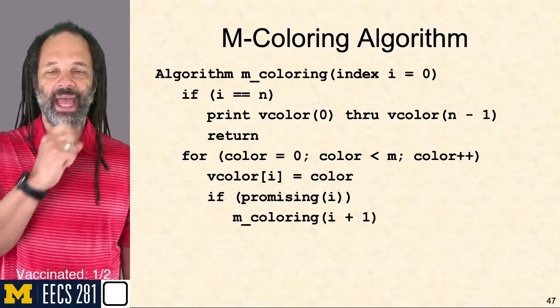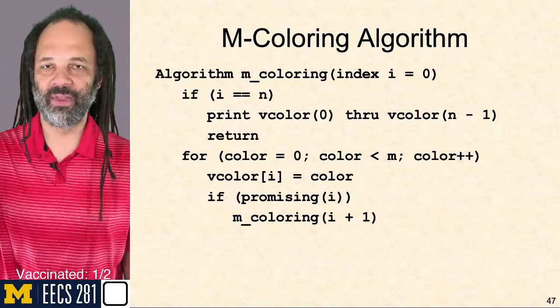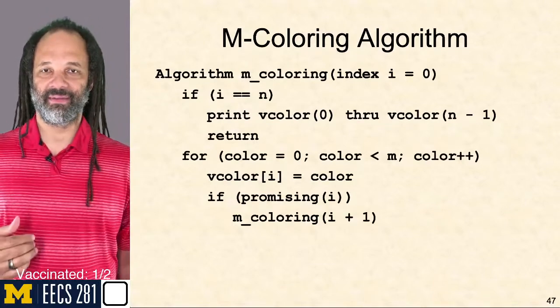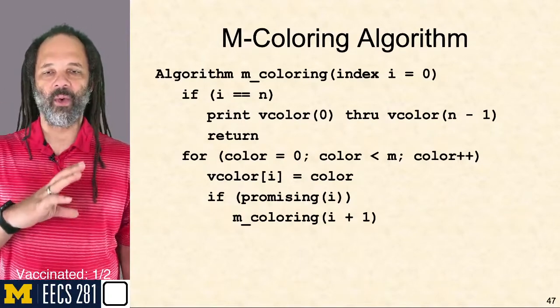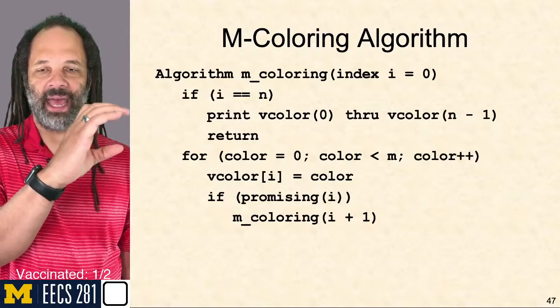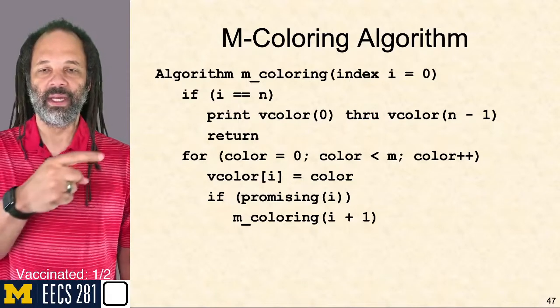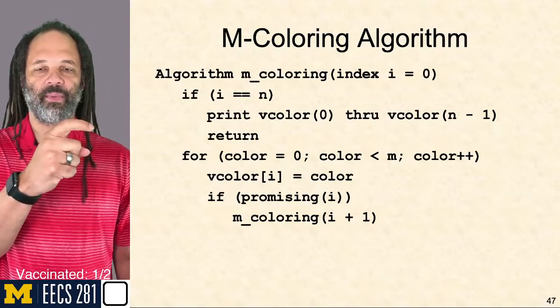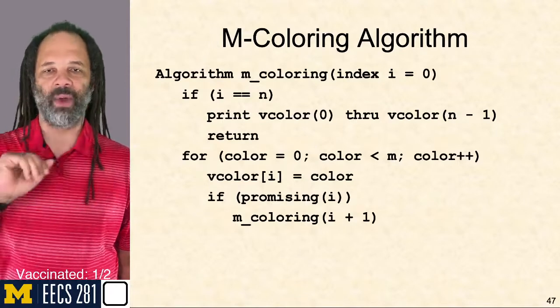When I is equal to N, when we've done all the deciding, when we've colored all the states, we're done. There's my base case. When I'm finished, quit. Since I want to see what that coloring is, I've got this print statement that prints all of my coloring, and then it returns. So that's how I get out when I'm done.